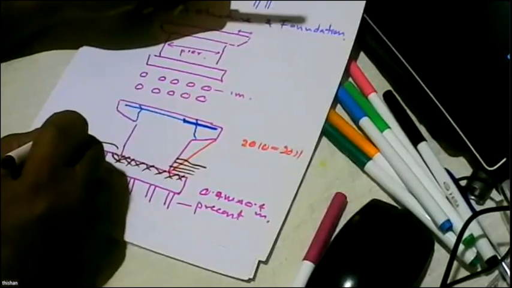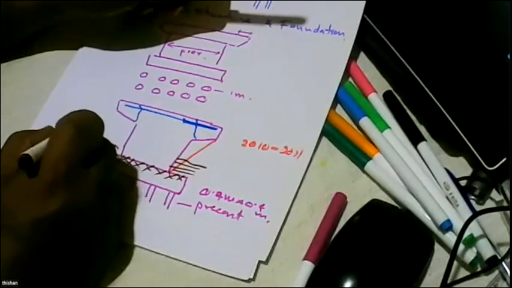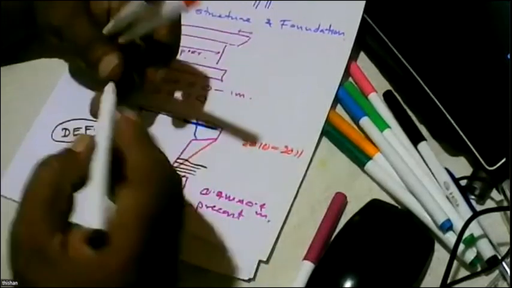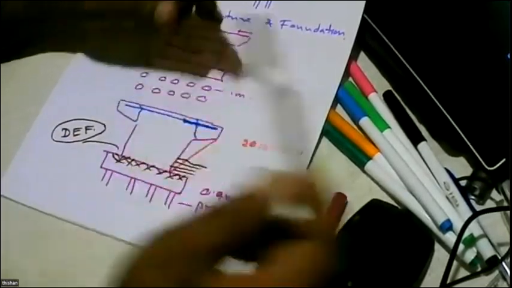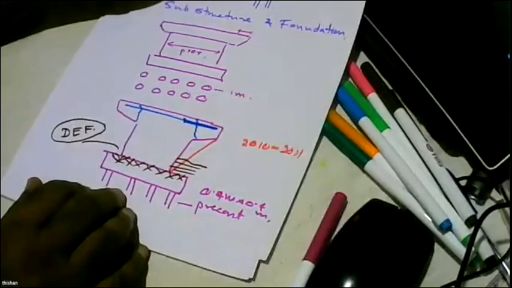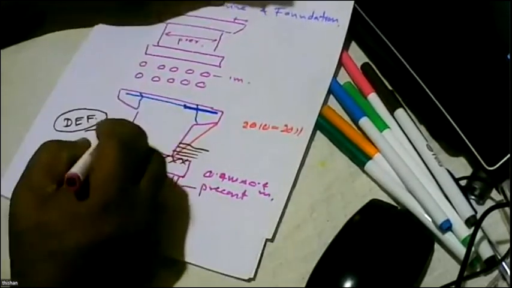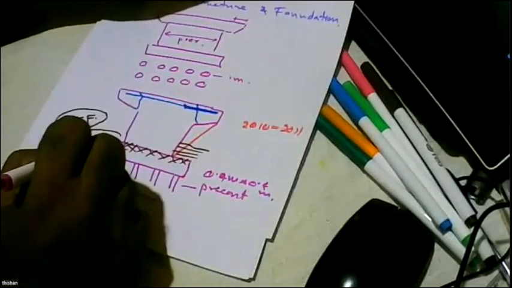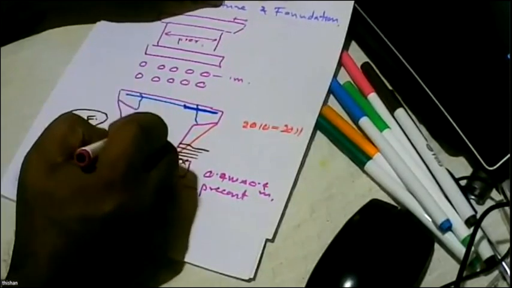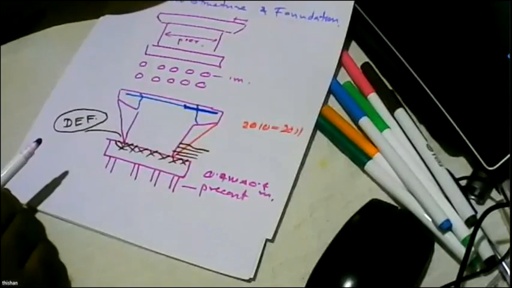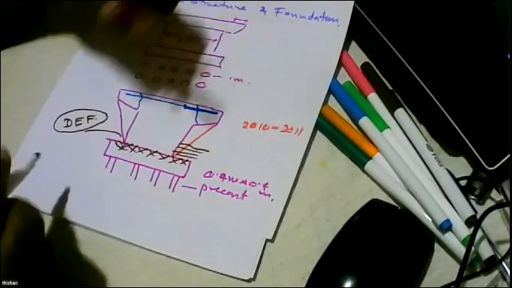Later we attributed it to delayed ettringite formation, but it was not 100% sure, but it looks like it is delayed ettringite formation. Then a lot of remedial actions had to be taken, and finally the piers look like this in most of the bridges.